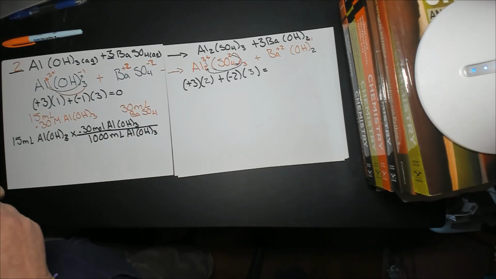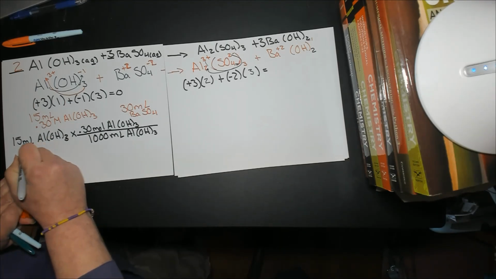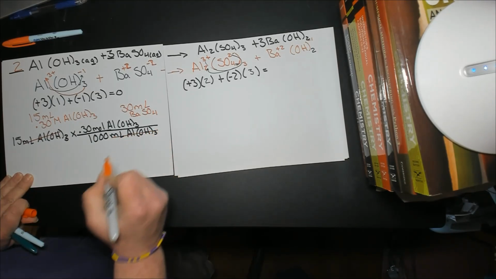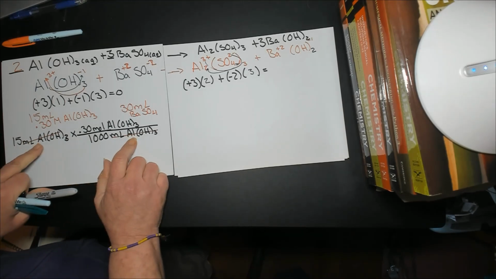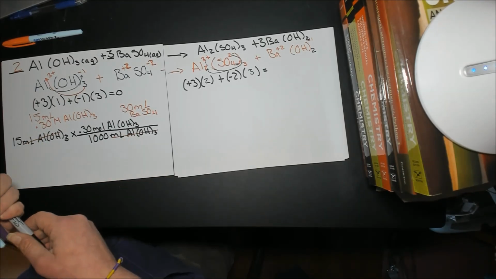Cool. Do a quick unit check. I have milliliters of Al(OH)3 and milliliters of Al(OH)3. So now I'm in moles of. And this might seem like a waste of a step, but things are going to start getting more complicated, so it's a really good habit to get yourself in now.